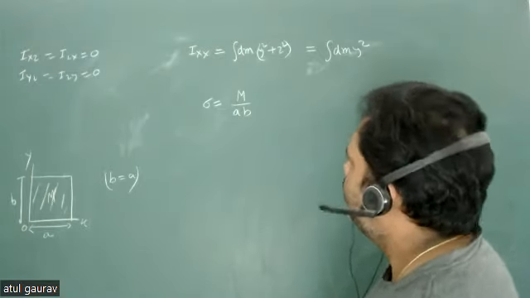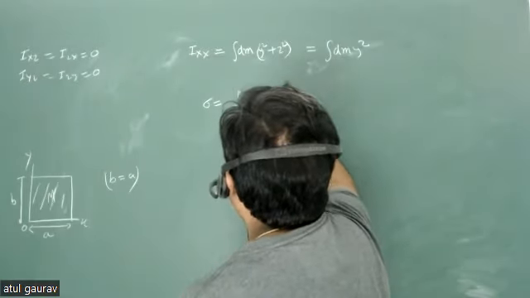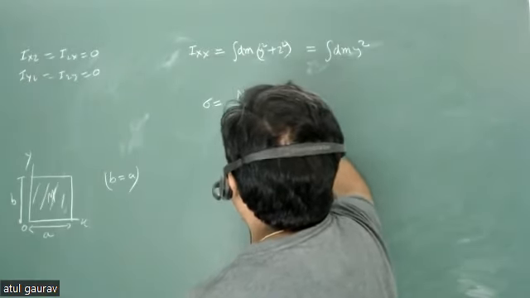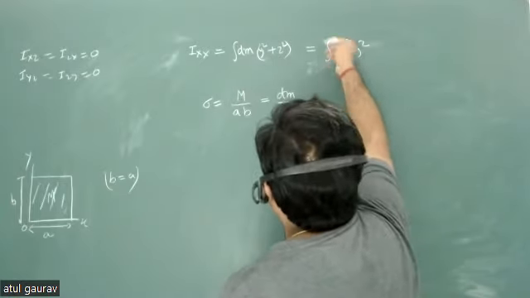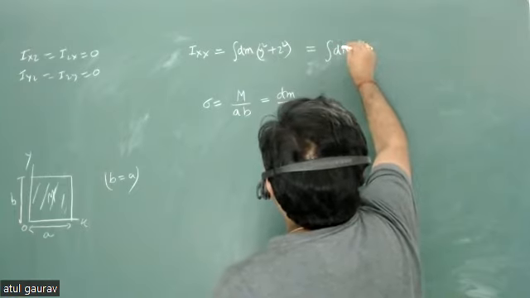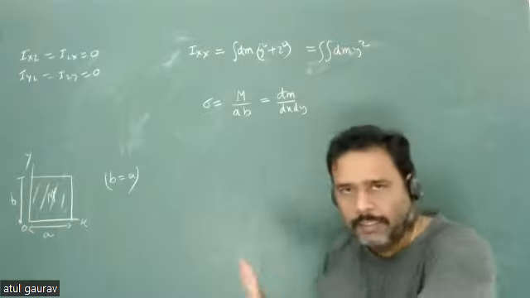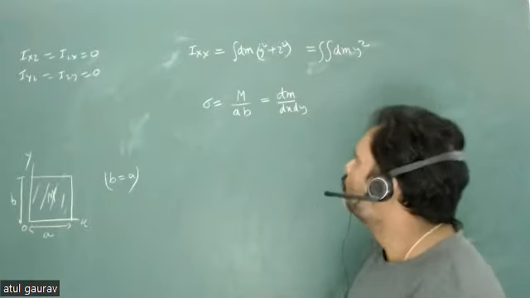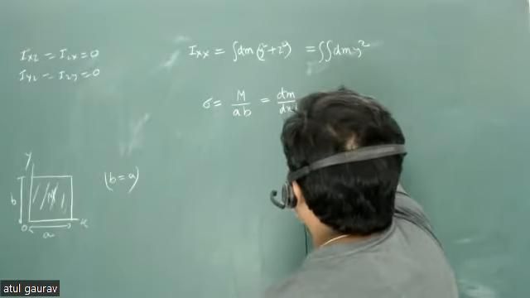Yes. And this can be equivalent to dm upon dx into dy. And this should be what? Single integration or double integration? It's a double integration, because the mass is distributed in an area. So what will be my dm?